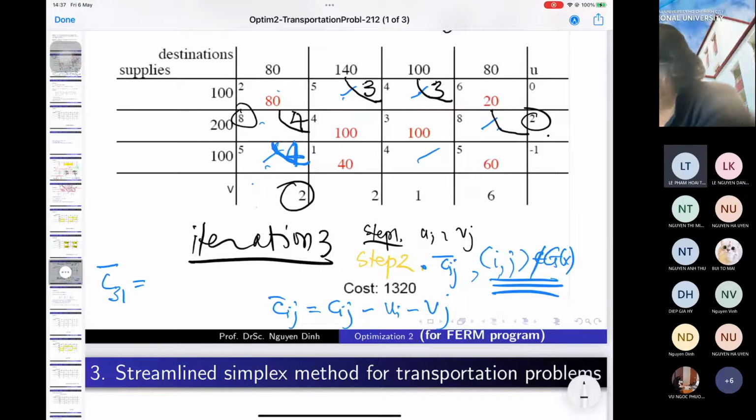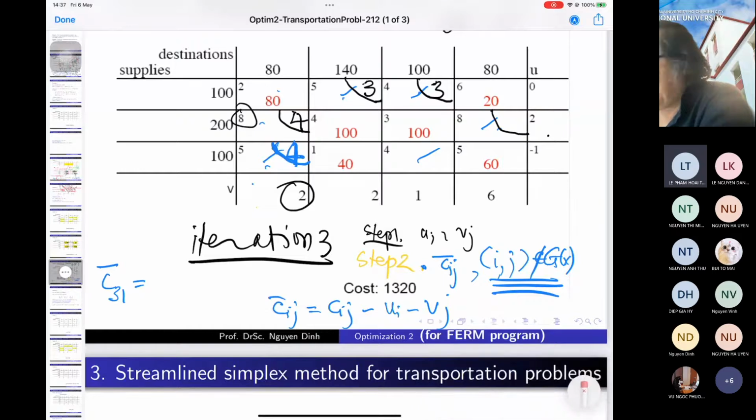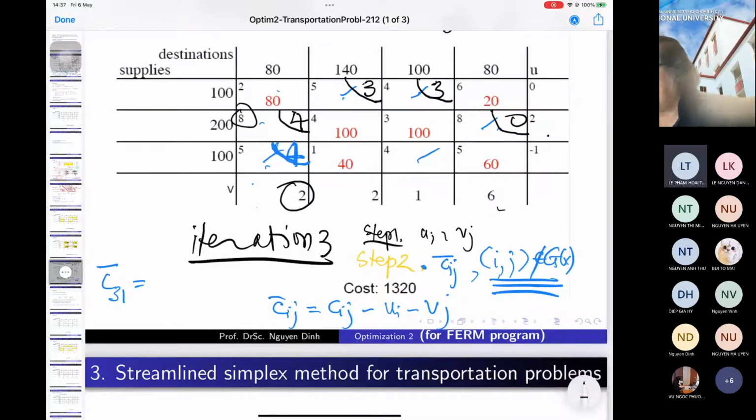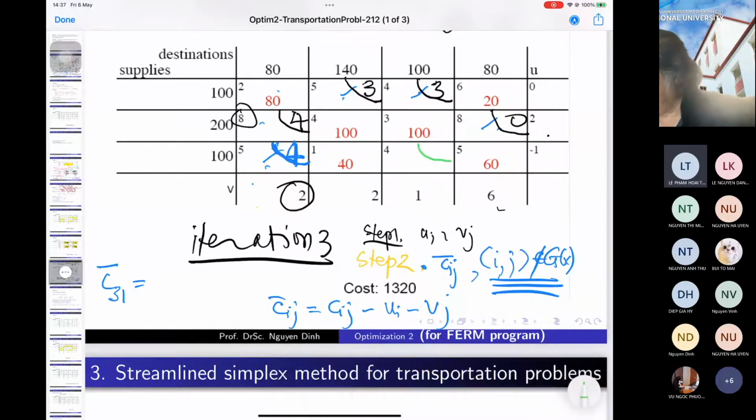What is this? 0, because that is 8 minus 6 minus 2. Then it's 0. And now there is the last one, here. C bar 3,3 equals what? The last one is 4.